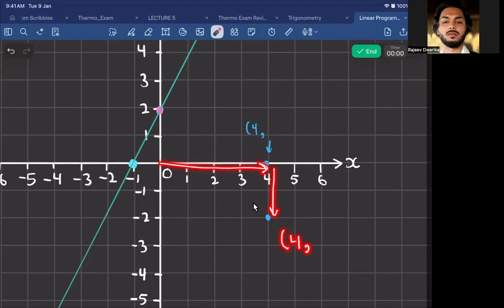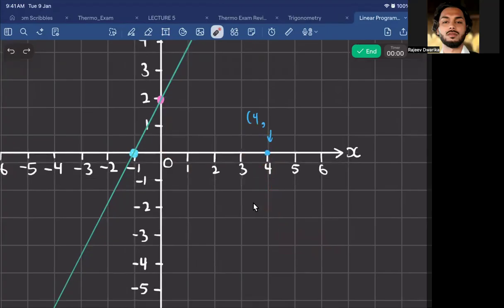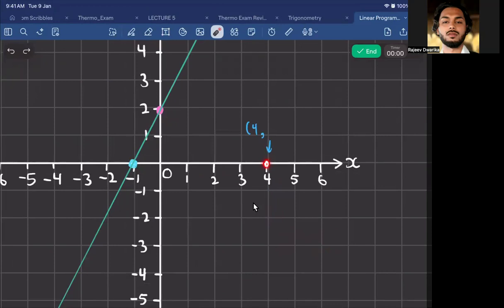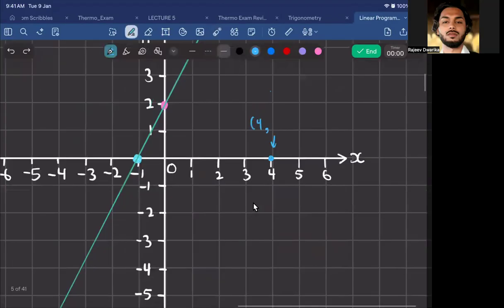Is 2 down positive or negative? Negative. Right. So that's how we come up with coordinates. But if you are on the x-axis, after you reach that point, are you moving up or down? No. So you're moving 0 spaces up or down. Does that make sense? Yes.